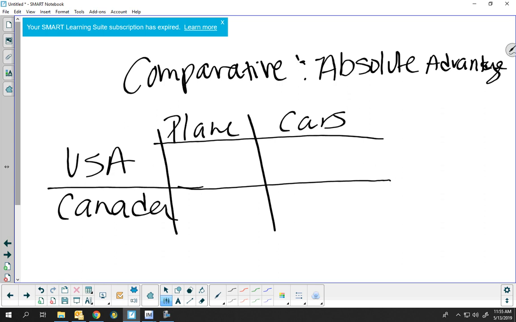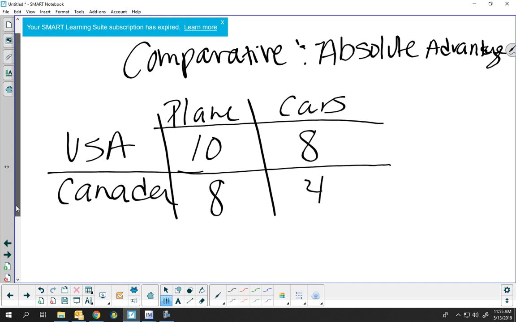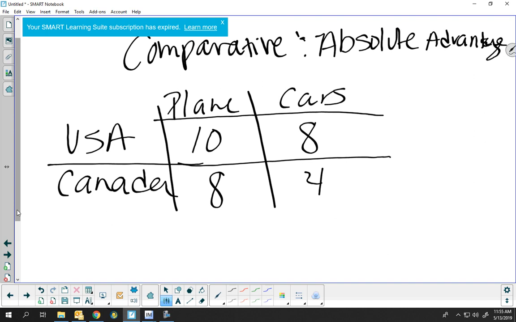So let's say this is how much they're producing: USA can make 10 planes or 8 cars, while Canada can only produce 8 planes and 4 cars. First we're going to figure out absolute advantage for planes and cars, and then comparative advantage for planes and cars.